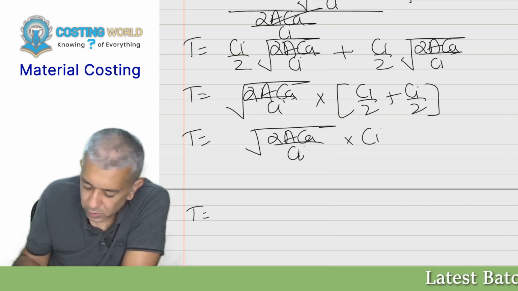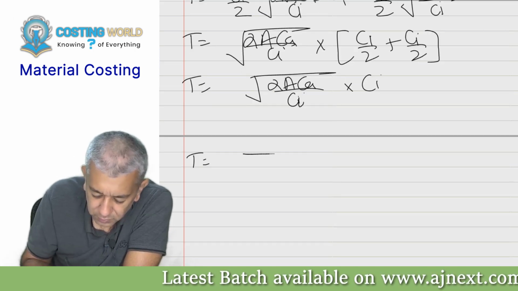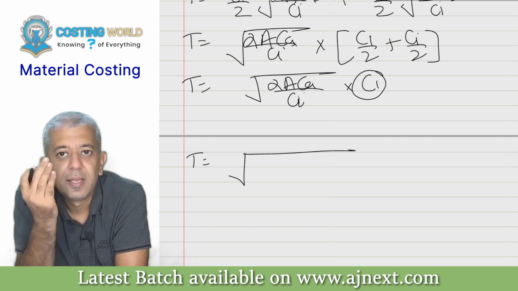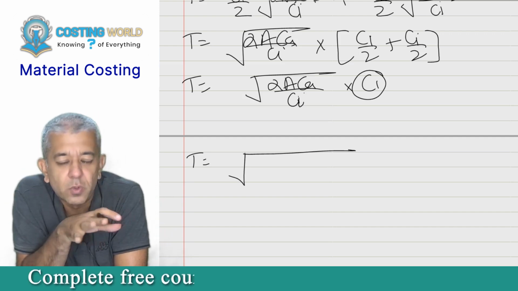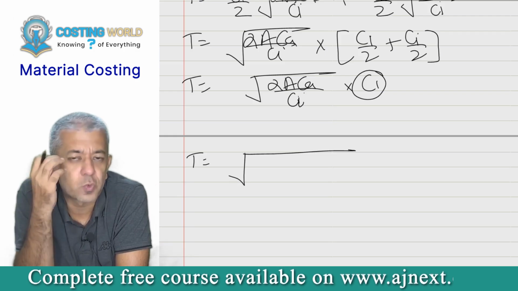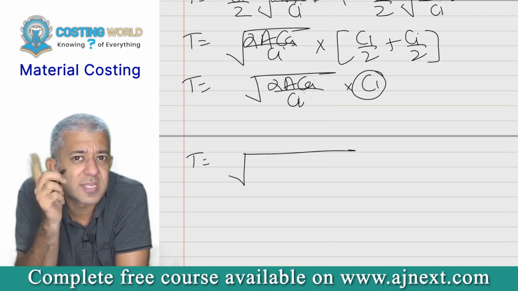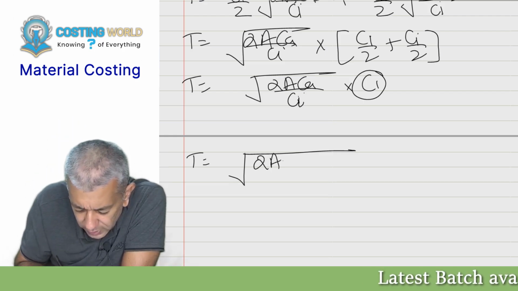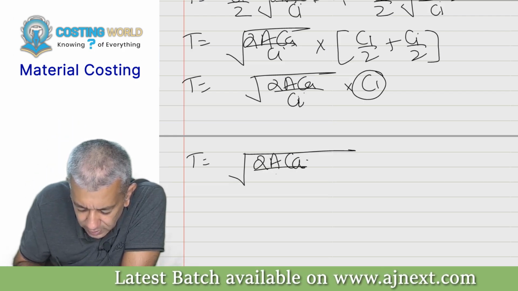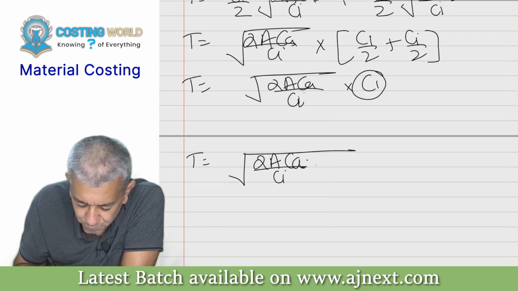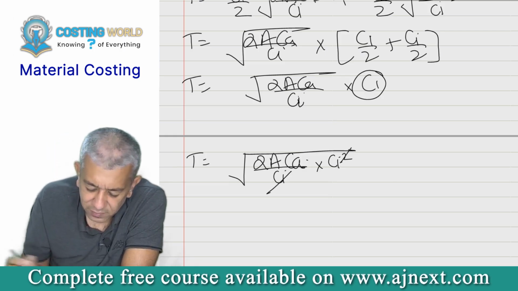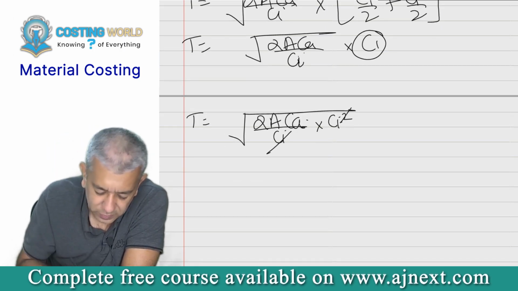Lastly, T is equal to. Now, can you say this CI is outside the square root? If I take it inside the square root, it will become CI square, no? Yes, sir. Okay, so therefore 2ACA upon CI into CI square. One CI and one CI will get cancelled, beta.